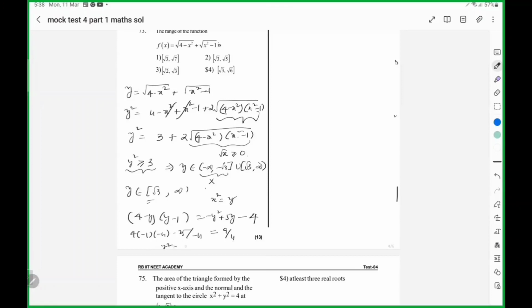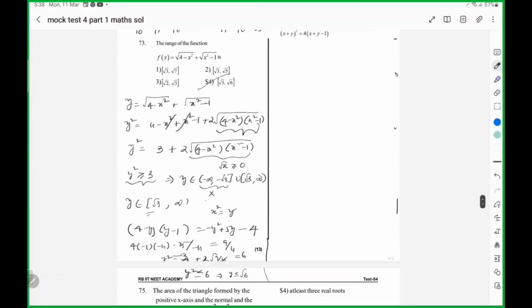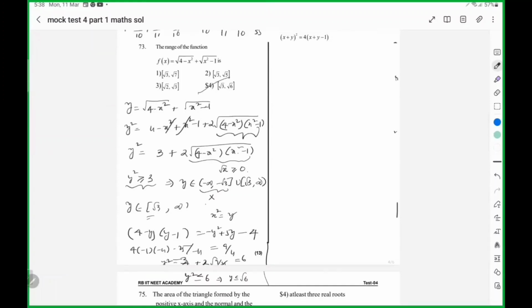Y square is 3 plus 2 root 9 by 4, so we get 6. So y square will be maximum 6. This will be the answer: y greater than root 3 and less than root 6. Okay.